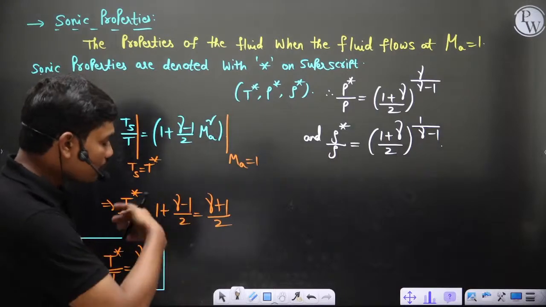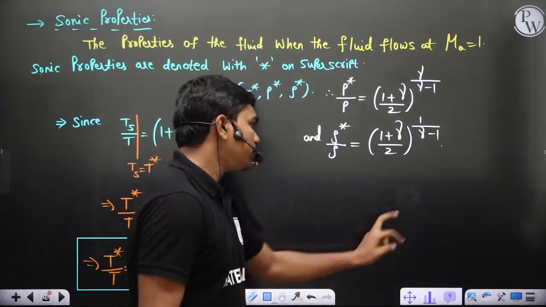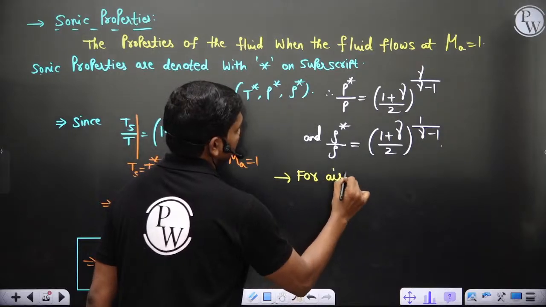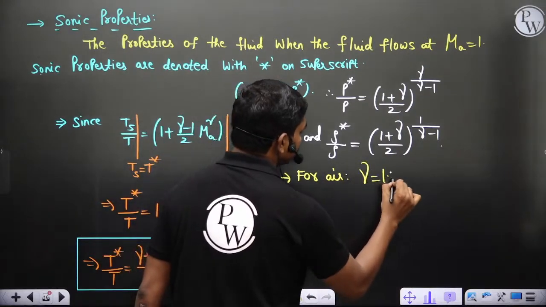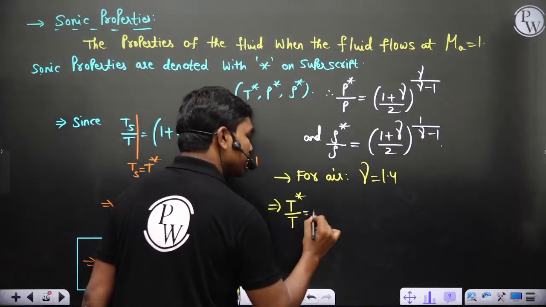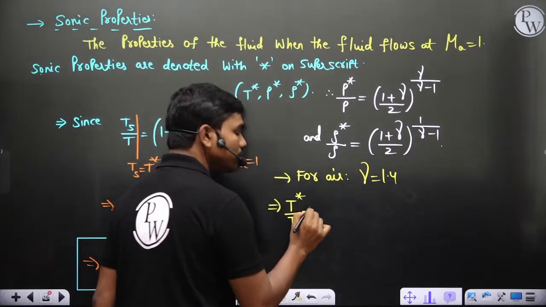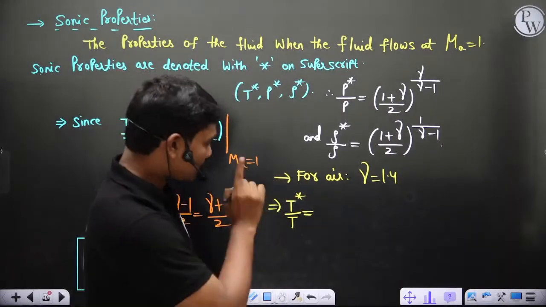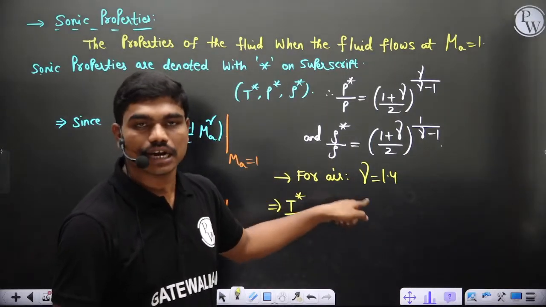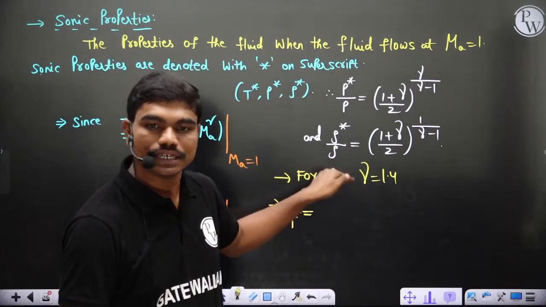Now if we are talking about air, since gamma is equal to 1.4, this implies T star by T is equal to... Guys, I am telling you, on 7th you have the ISRO exam, this is very much important. These sonic properties I am writing now, and also this chapter of compressible flows is definitely important.